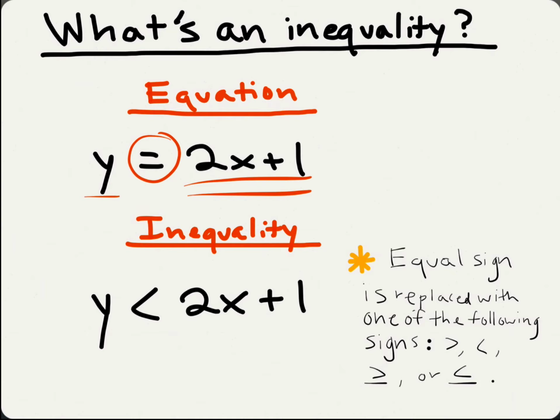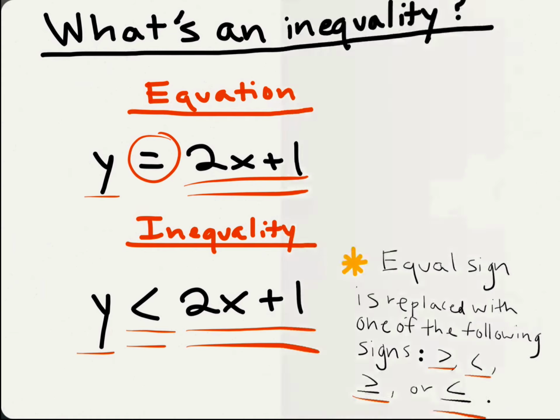The only thing that's different about an inequality when compared to an equation is that the equal sign is replaced with either a less than sign, a greater than sign, a greater than or equal to sign, or a less than or equal to sign. So in this case, an inequality is going to have the variable, y, then the sign is less than, and then what the variable is less than, which is 2x plus 1. So that's what an inequality is.